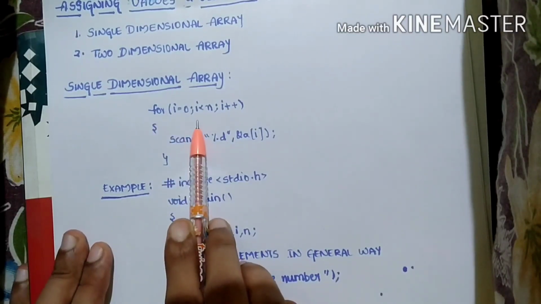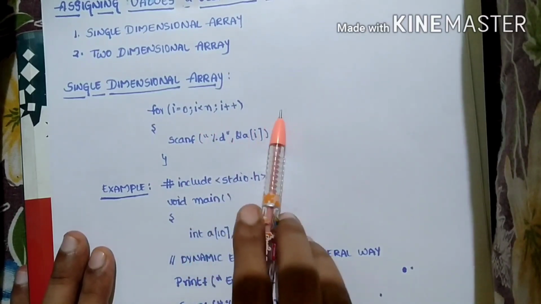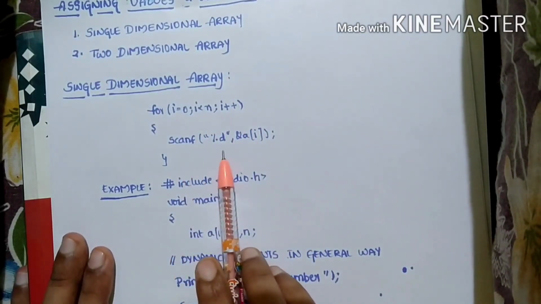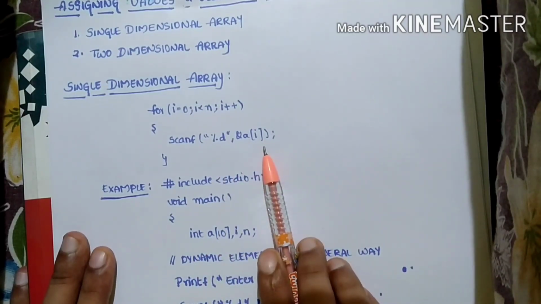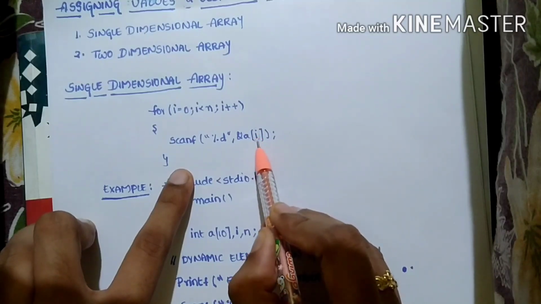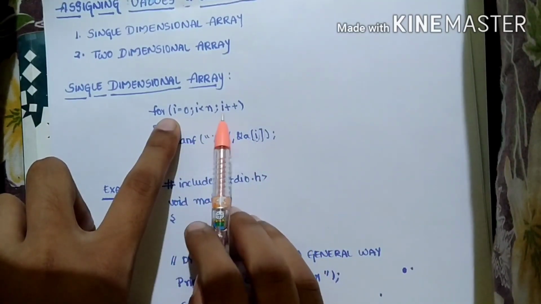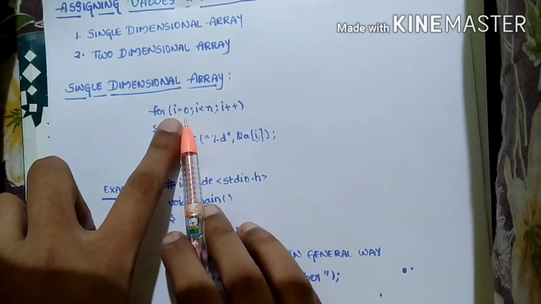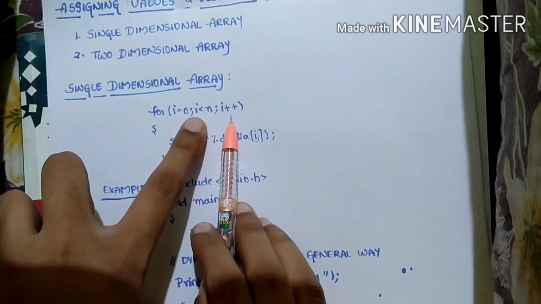For i is equal to 0, i less than n, i plus plus, scanf %d, address of a of i. That means here, if you see, the i value increases. I have given the incrementation for i is equal to 0, i less than n, i plus plus.